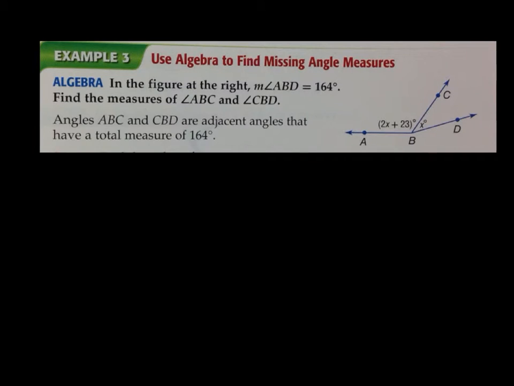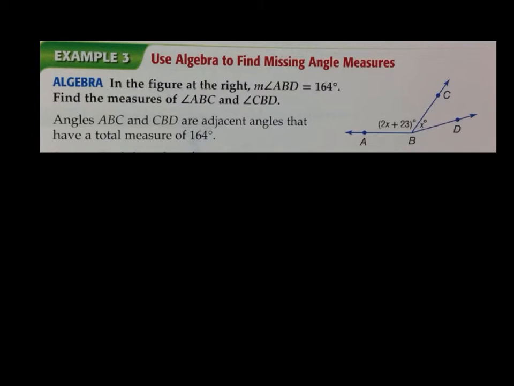The last thing we're going to do today is to use algebra in our geometry unit to help us figure out the measurement of certain angles. So here we know that the measurement of ABD right here is 164 degrees. Now these two angles right here are going to equal 164 degrees.